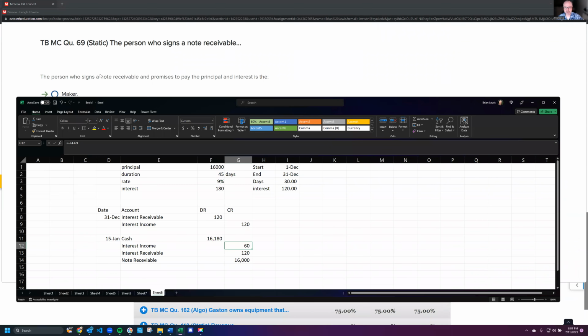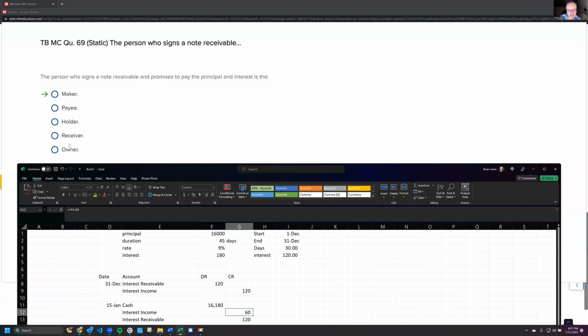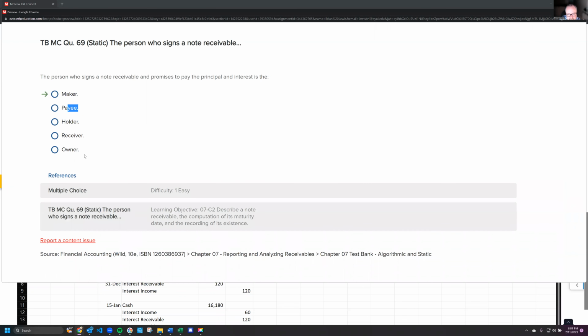A person who signs a note receivable and promises to pay the principal and interest is a person who signs a note receivable and promises to pay the principal. Okay, well, that is a tricky question. It's not the payee. Let's see if we can eliminate some of these.